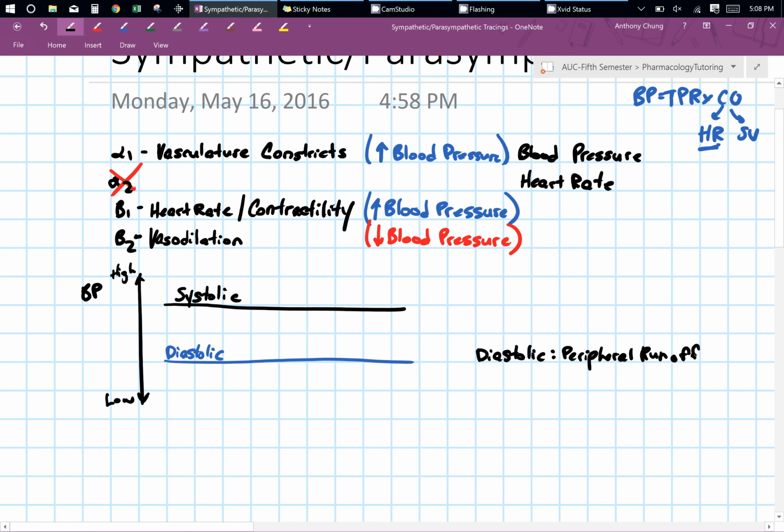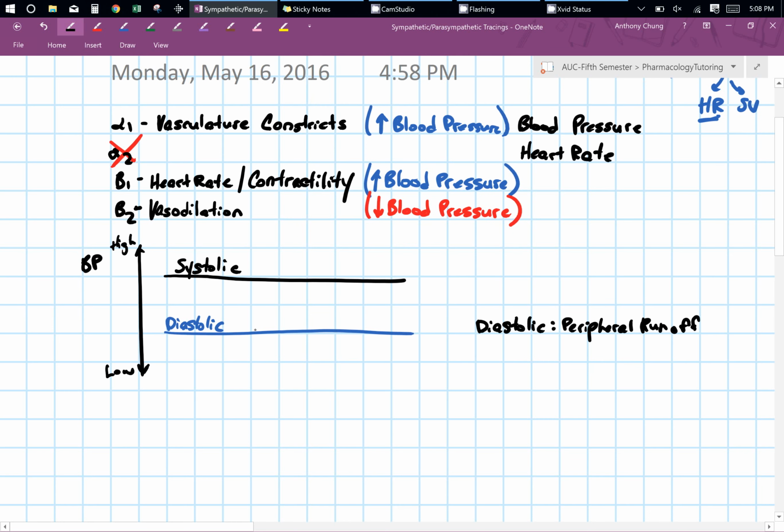If there's very low resistance in your vasculature, once it goes in the aorta, there's a really high pressure, it's like whoosh, all out. So if you increase the total peripheral resistance, then obviously your diastolic is going to go up, right? So let me just draw this: alpha 1, diastolic, you would expect to go up.